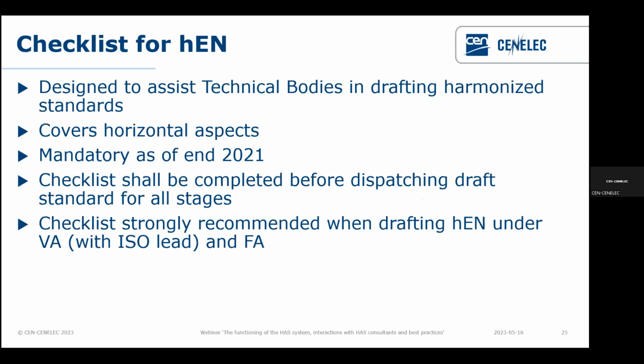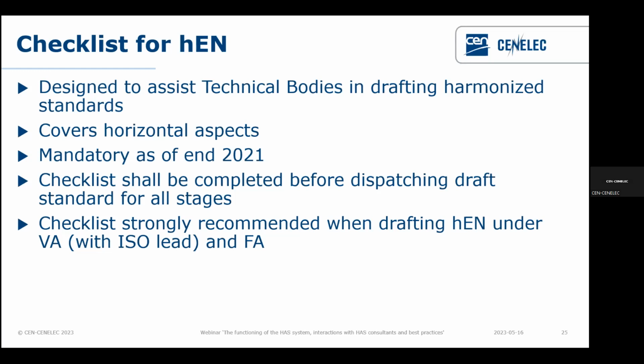As a reminder, the checklist for a harmonized standard was developed to help technical bodies identify critical elements in the body of the text or in the European annexes that could potentially lead to a lack of compliance assessments. The checklist covers horizontal topics.